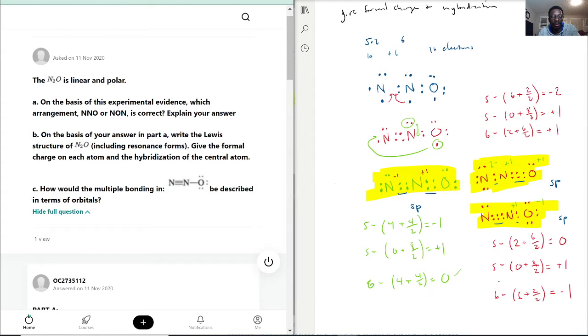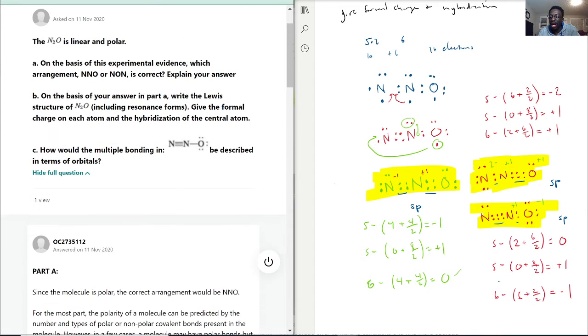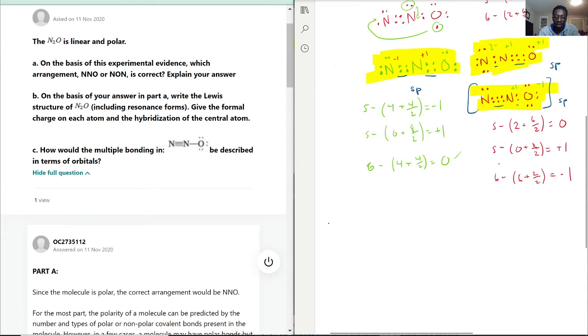But yes, so now with that being said, how would the multiple bonding in this be described? So the last one we have here, this is the one we're referring to for the last question. Let's see, how would the bonding be described in orbitals?